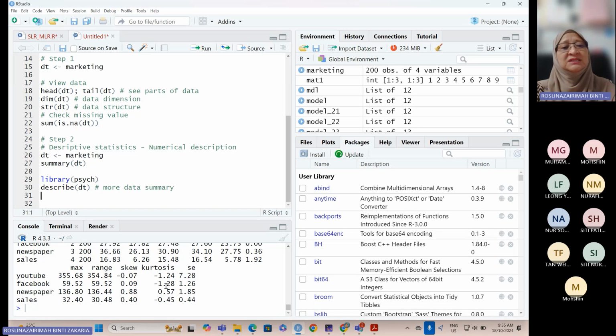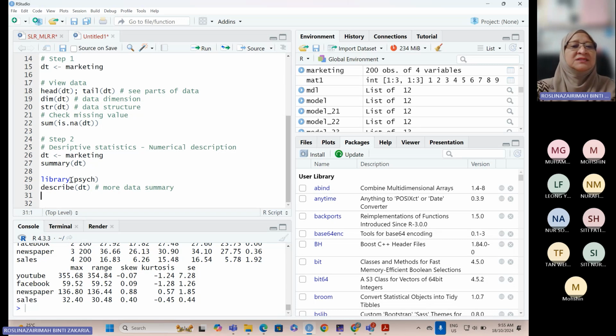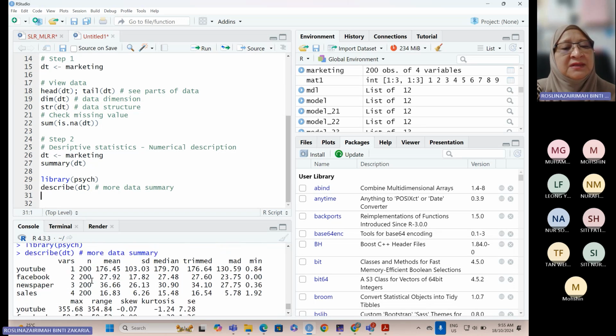So this is the numerical description for the data. From this, you can see that the mean for YouTube is 176, Facebook 27, and so on. The sales mean is 16.83, I think in thousands.